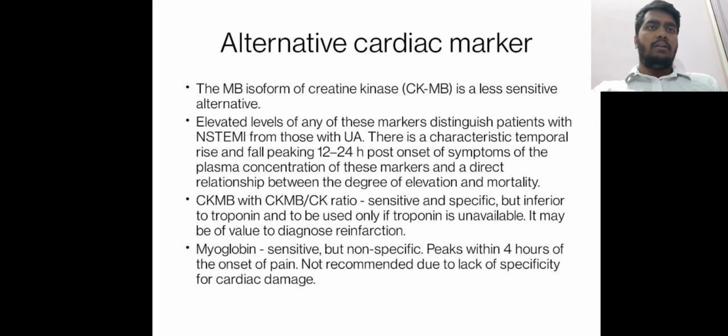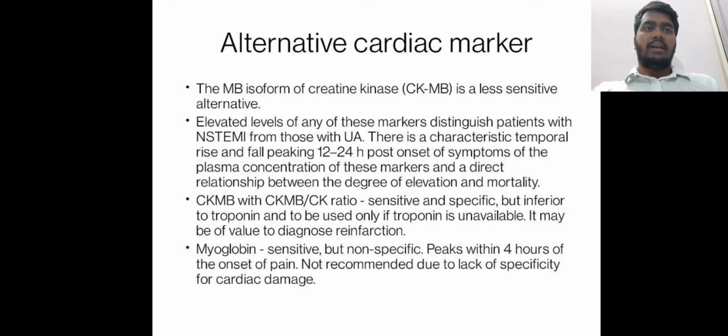Now the alternative cardiac markers include the MB isoform of creatine kinase, known as CK-MB, which is the less sensitive alternative. Elevated levels of any of these markers distinguish patients with NSTEMI from those with UA.